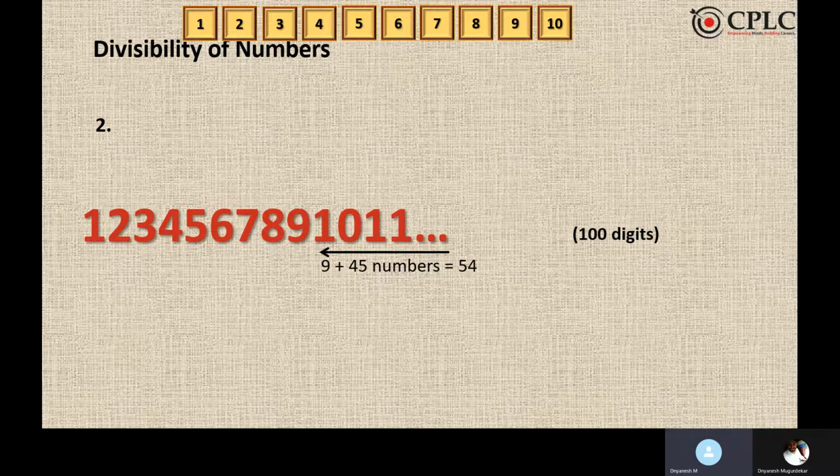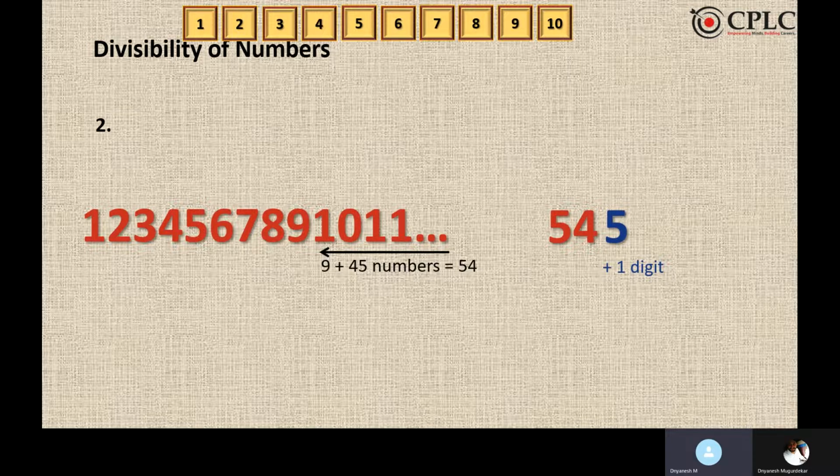But we were supposed to write 100 digits. So after 54, we just need the first digit of the next number. After 54 you have 55, and the first digit of 55 is 5. The moment we write that 5, we are done writing the 100 digits.